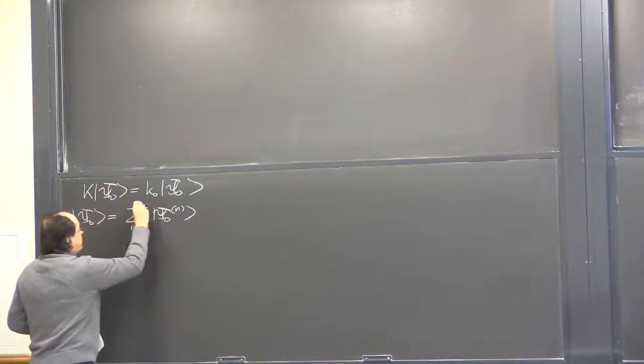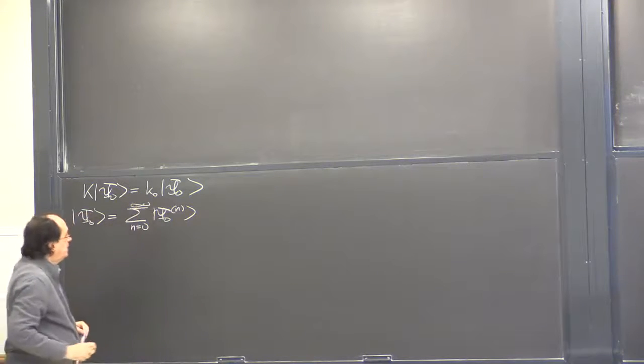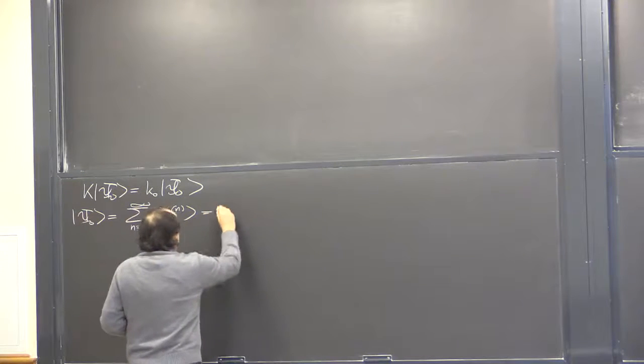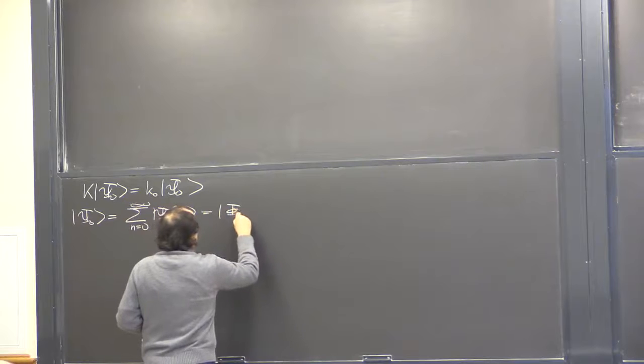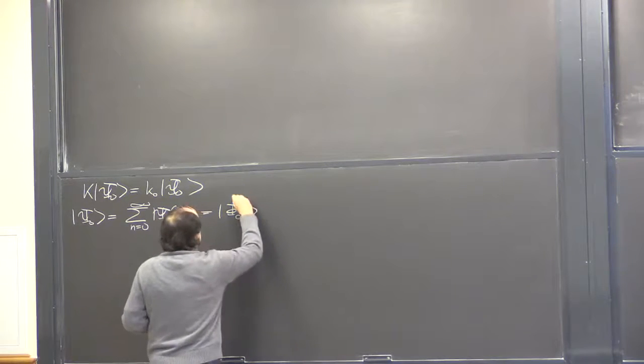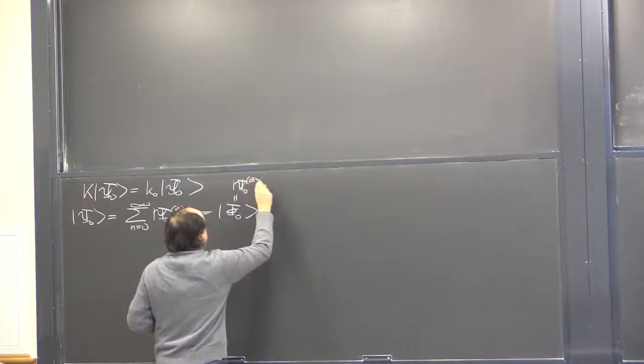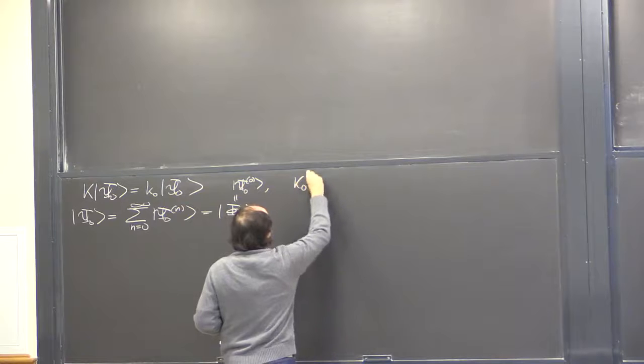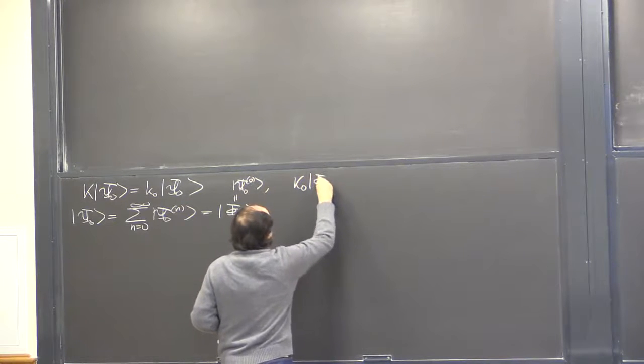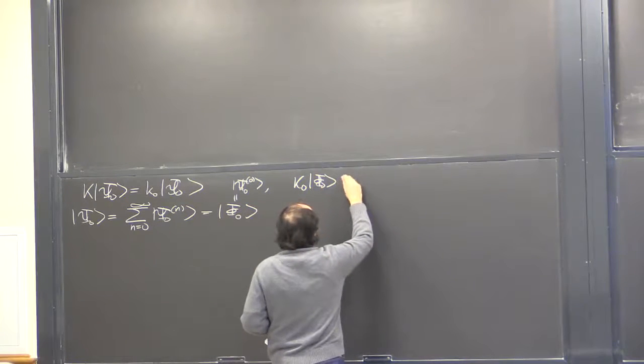We're summing here over n from 0 to infinity, okay, where the zeroth order correction is simply phi 0, and phi 0 is an eigenstate of the unperturbed operator K0.